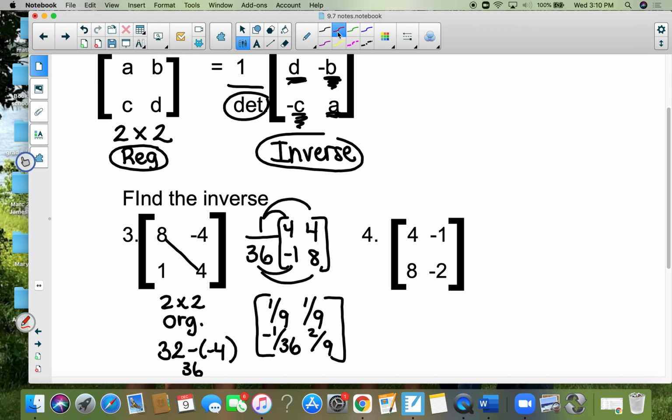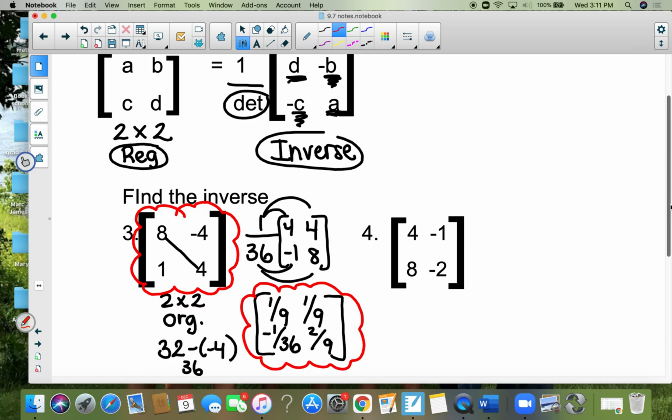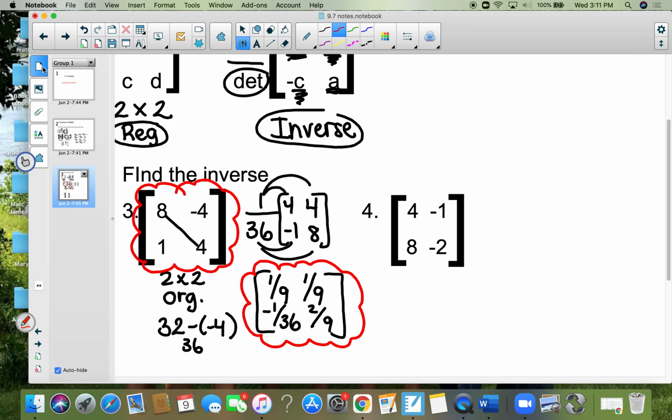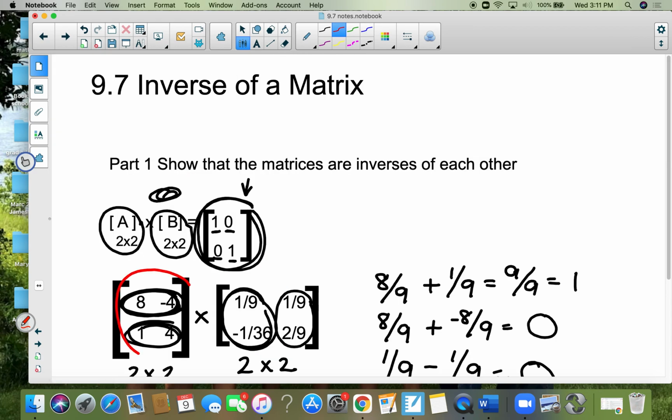So the original one is right here, and this is called its inverse. And just to bring this back up, this is exactly the same problem that I just showed you.